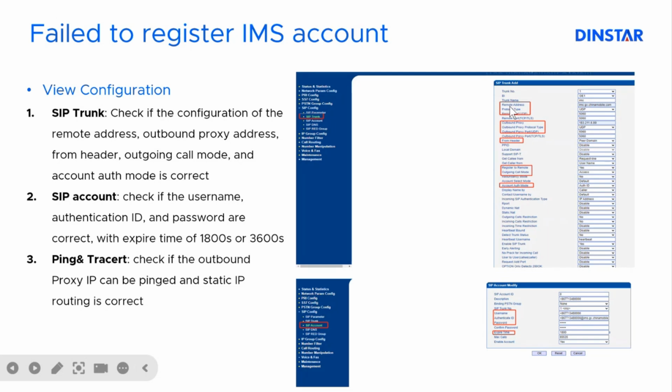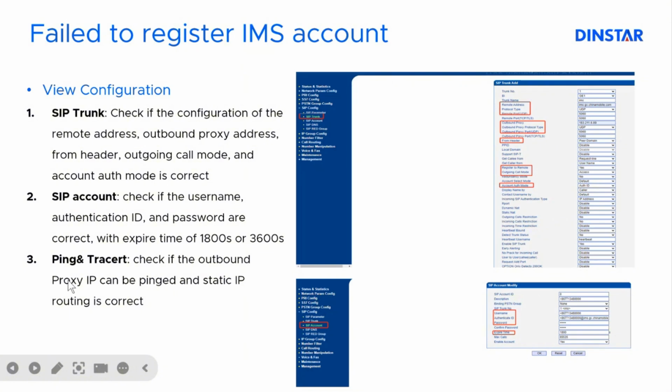You can check the SIP trunk remote address, the outbound proxy, the host, and the call mode. We also need to check the SIP account username, the authentication ID and password, and the expire time, usually set to 1000, 1800, or 3600 seconds.